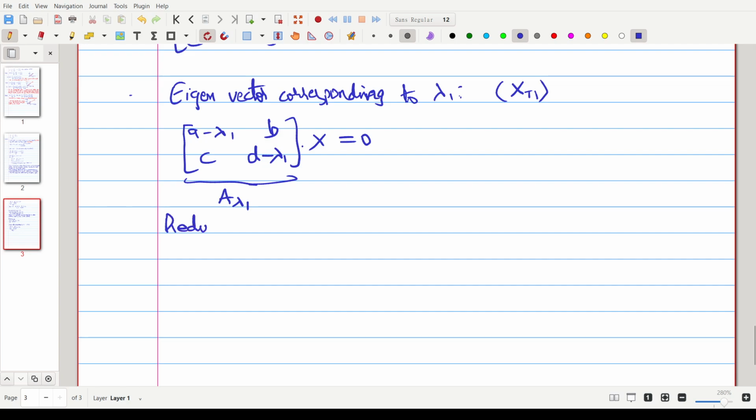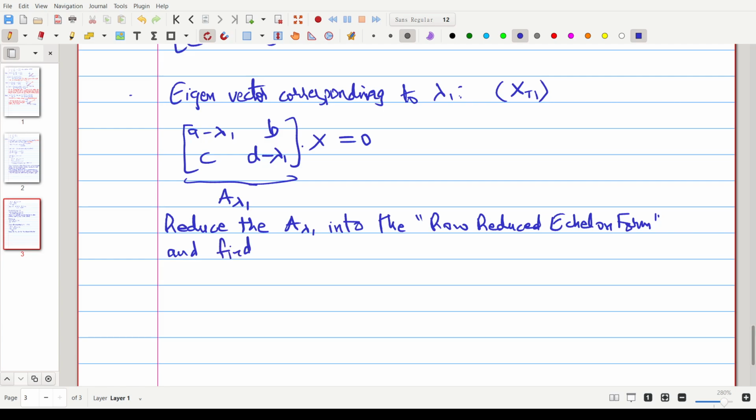Now we reduce the A lambda 1 into the row reduced echelon form and find out x lambda 1 of 1 and x lambda 1 of 2.